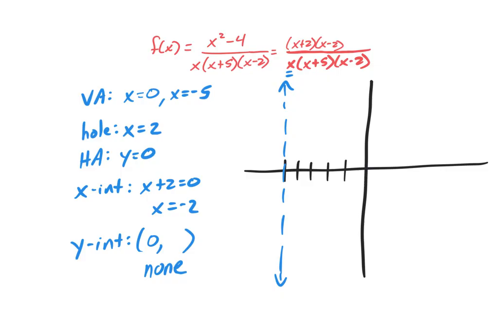That's why there's no y-intercept, because my y-axis is an asymptote. So your y-axis is an asymptote, which means the graph can't touch or cross that, and that's why there's no y-intercept. Okay, x-intercept is at negative 2.